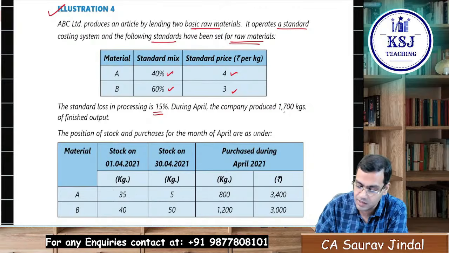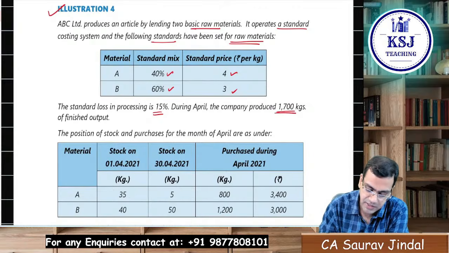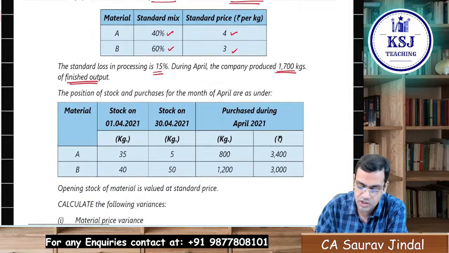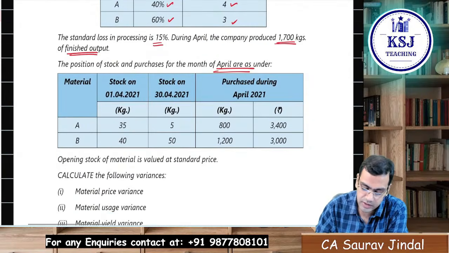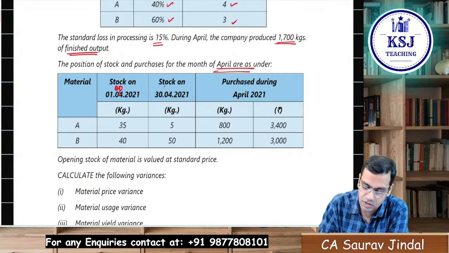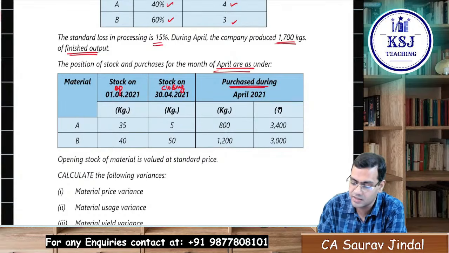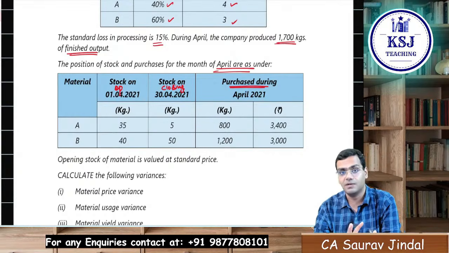During April, the company produced 1700 kgs of the finished output. The position of stock and purchases for the month of April are as under. Stock on 1st of April, that is the opening stock, is given to you, closing stock is given to you, and during the month the purchases are given to you, 800 kg, and the total value of the purchase is given.